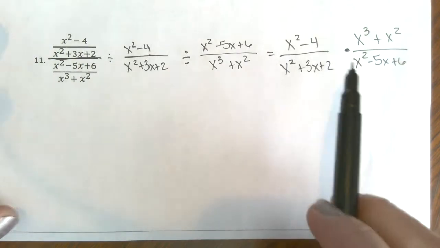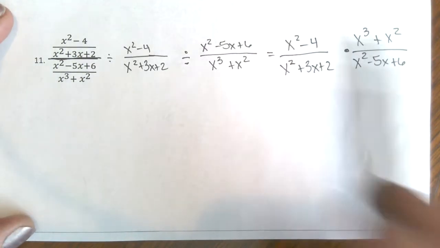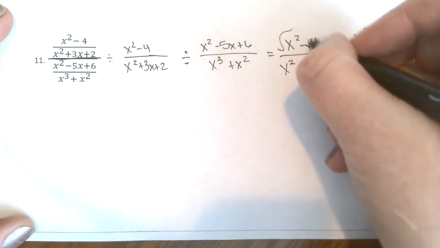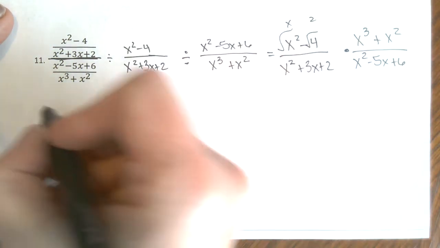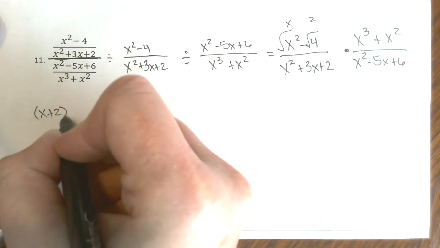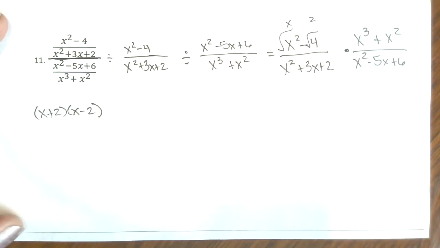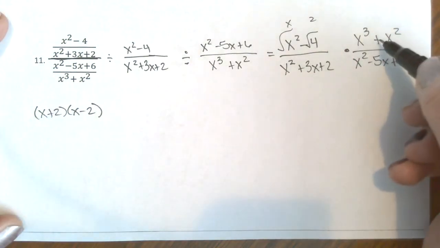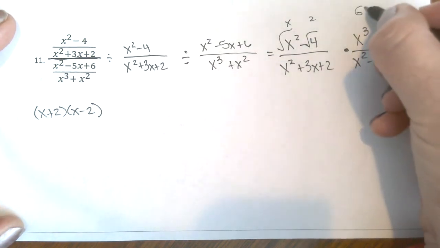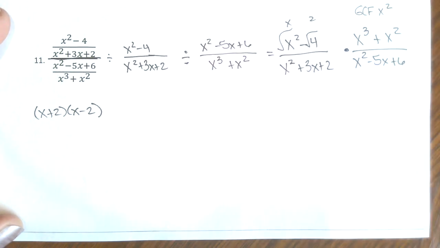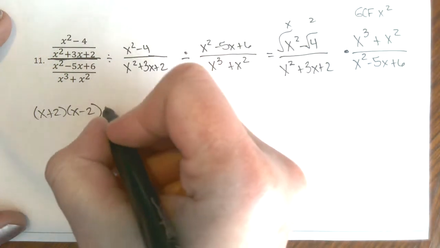All right, now let's go factoring. This x squared minus 4, that is the difference of squares, and that is going to factor as x plus 2, x minus 2. x to the third plus x to the second, there is a GCF of x squared right there.